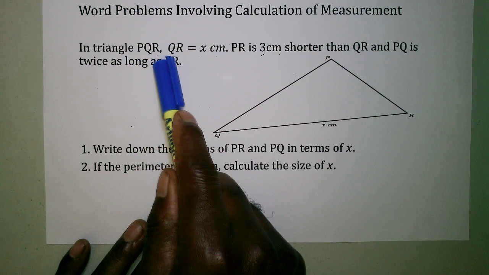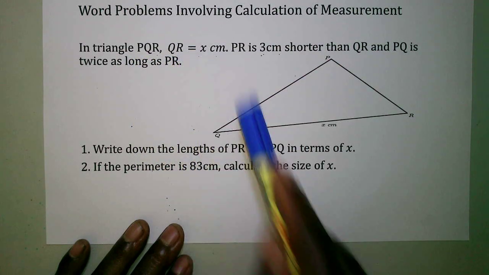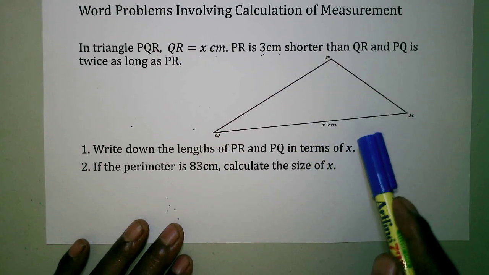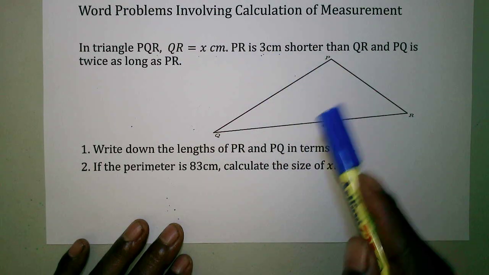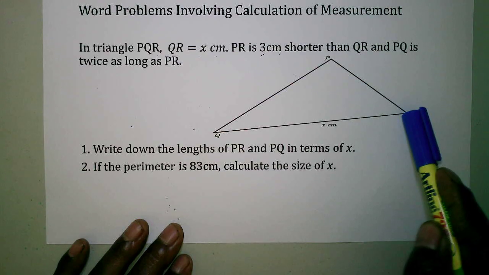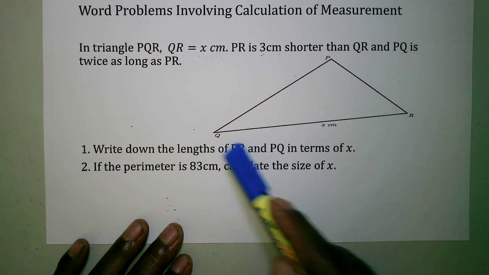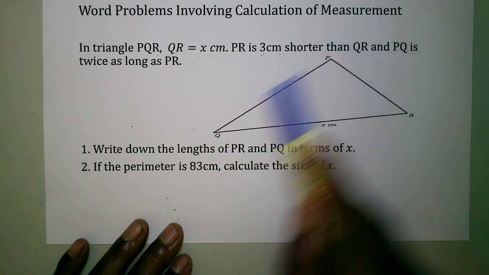In a triangle PQR, QR is x centimeters. PR is shorter than QR and PQ.